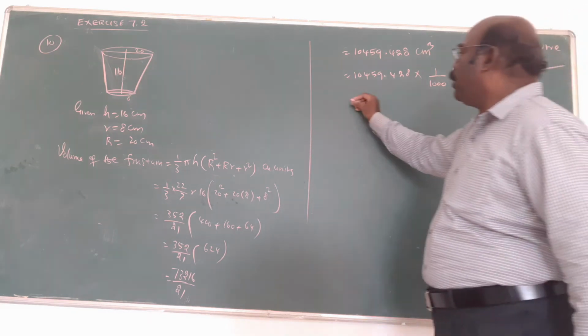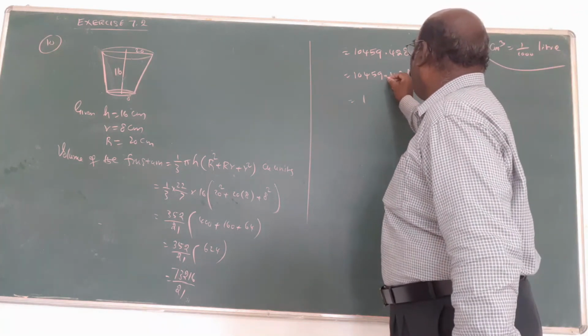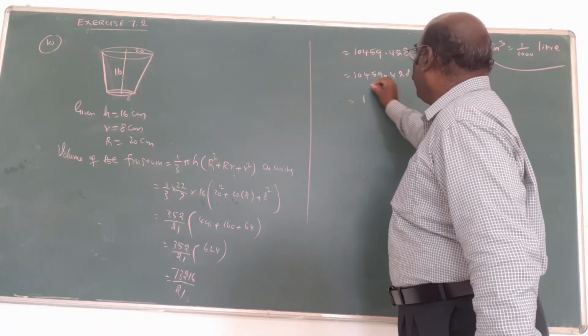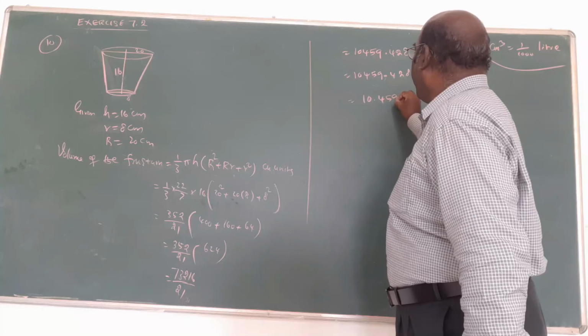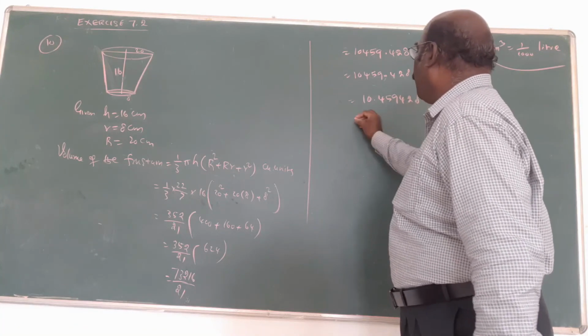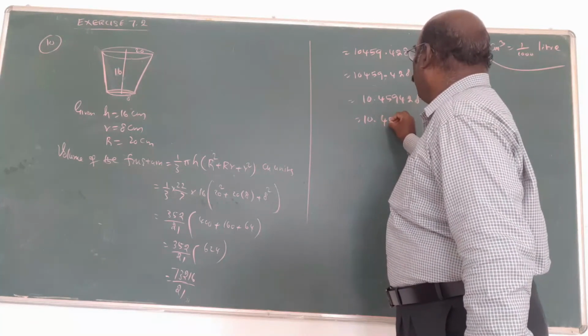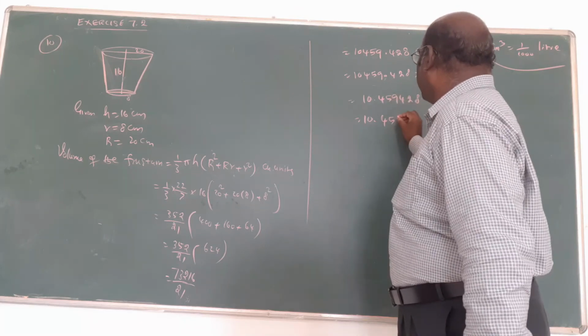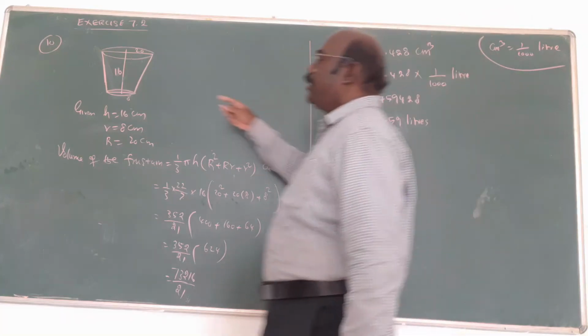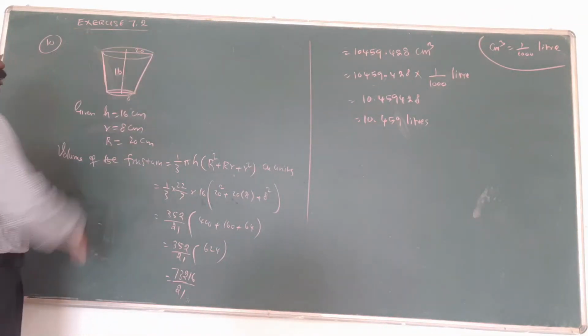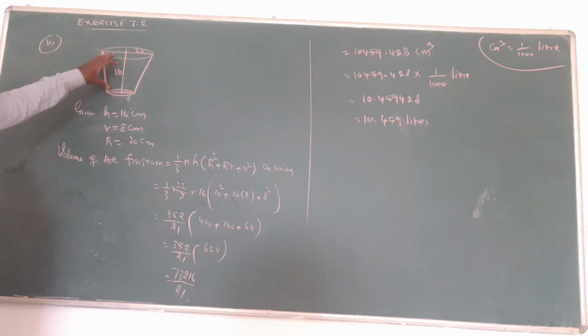Now divide by 1000: the decimal point moves three places. Here it will come as 10.459 liters approximately. This container can hold 10.459 liters of milk.